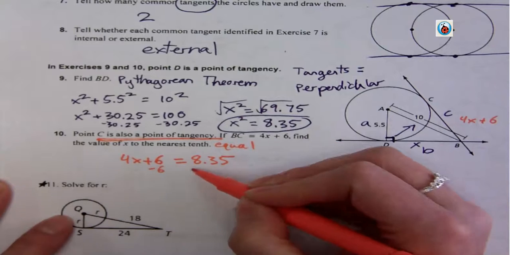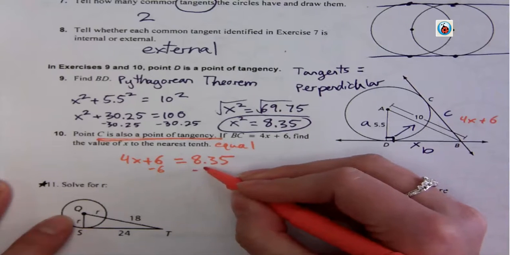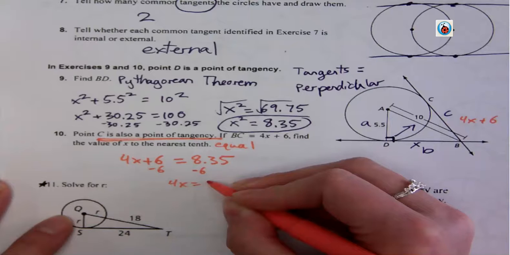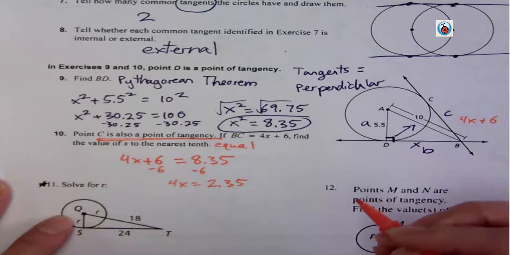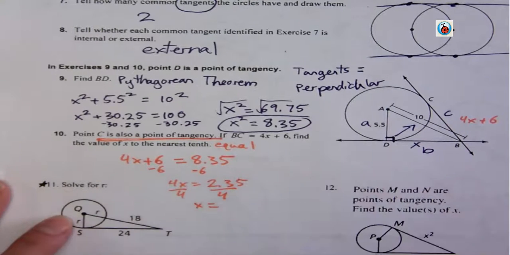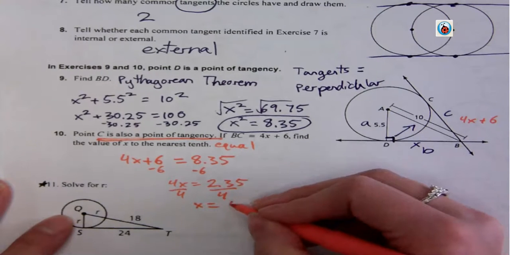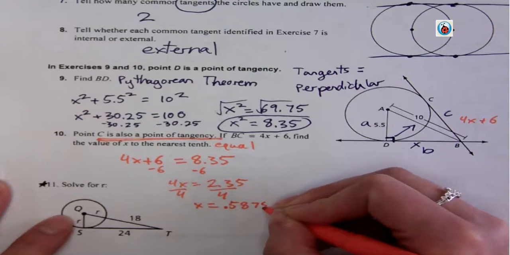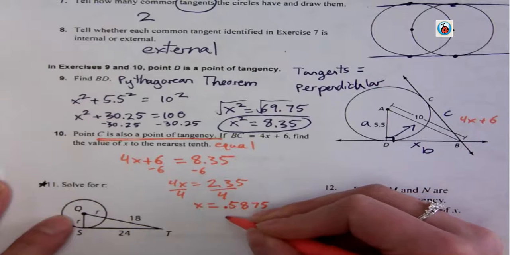So we subtract 6 to get 4x equals 2.35, and divide by 4 to get x equals 0.5875, which rounds to 0.59.